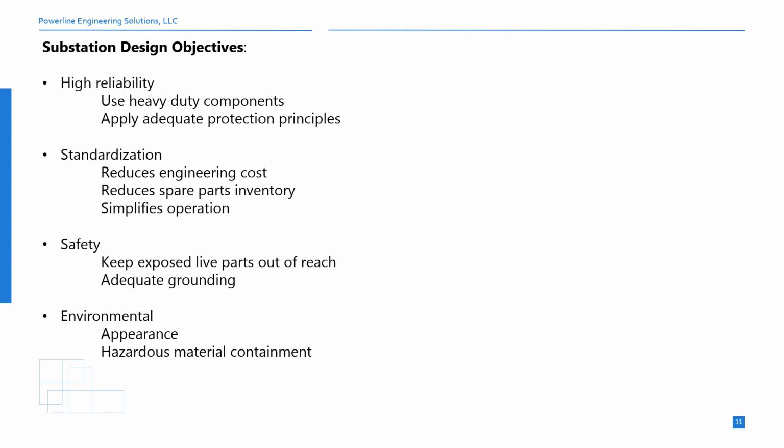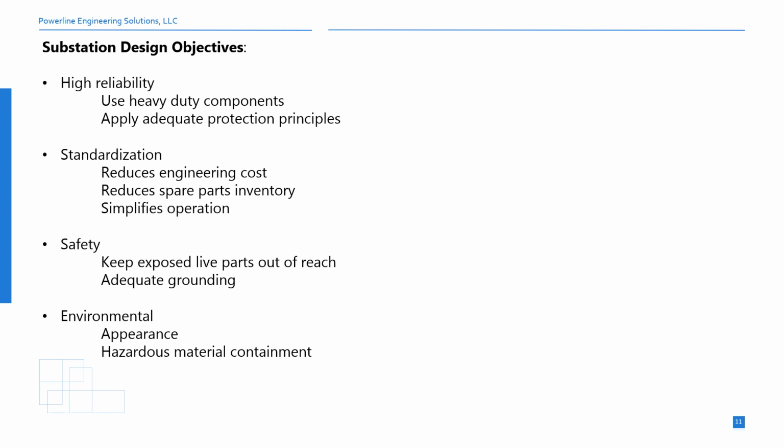An optimized design process that serves multiple objectives is essential. The design must check several key boxes. Firstly, it must ensure high reliability by selecting the correct system level components and subcomponents, as well as ensuring adequate protection is deployed. Secondly, every opportunity to standardize the design should be considered.